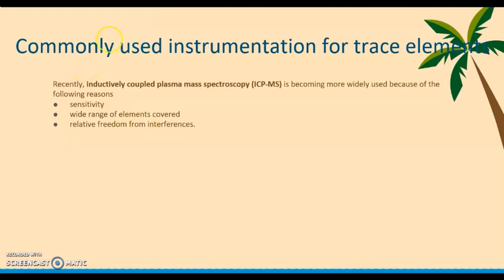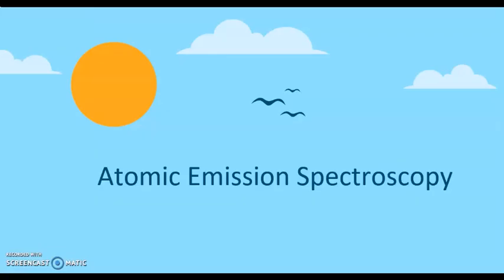Again, the inductively coupled plasma mass spectroscopy is more preferred than the other test kasi this one is very sensitive. It has a wide range of elements that are covered and it is relatively free from interferences.